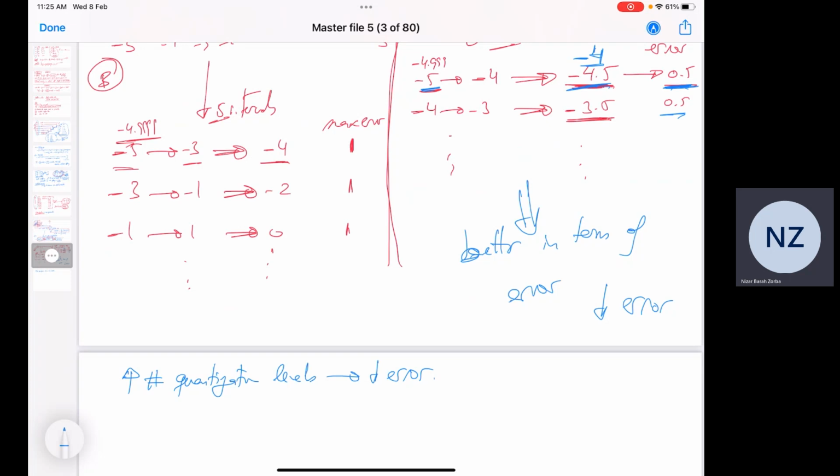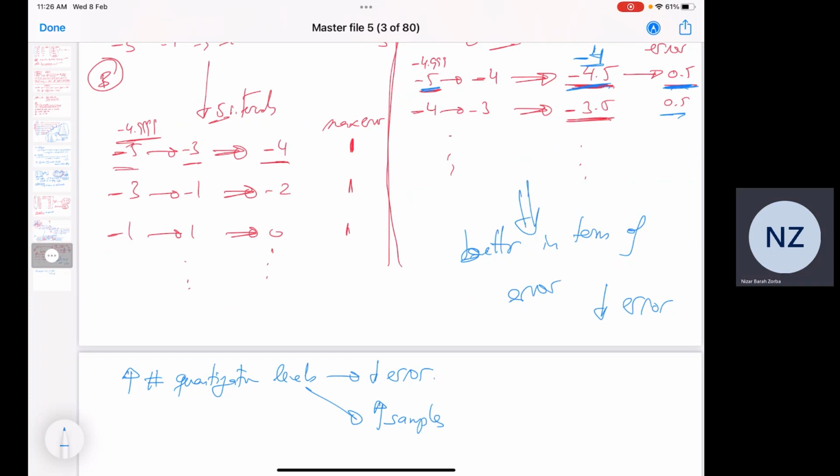What is the drawback? No. So what? Same, before it was infinity, now it's maybe also infinity. But whenever they are large, so what? Whenever we increase the number of quantization levels, definitely here we will have more samples, right?